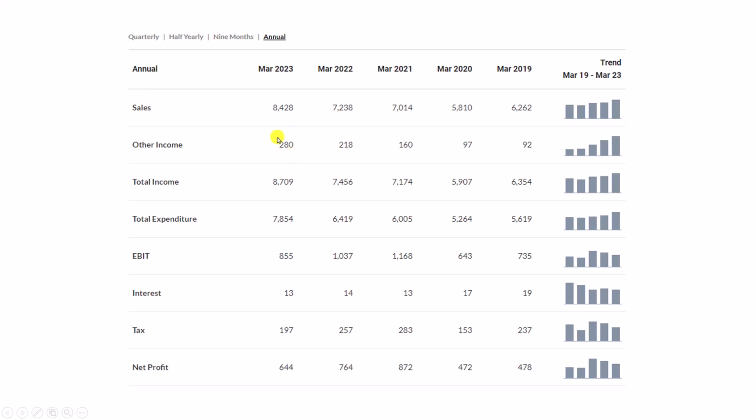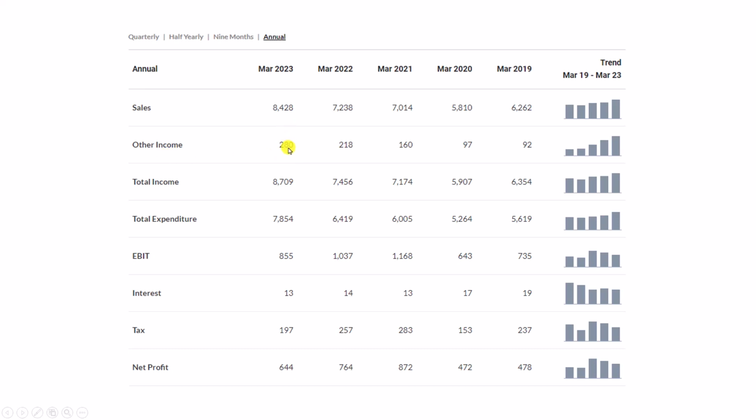That would come here too. Okay, so other income is the amount that comes into the company, not from its core business. Okay, so here if we consider, we have 280 crore rupees as other income.